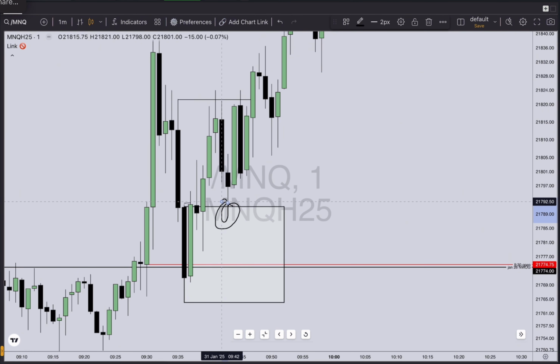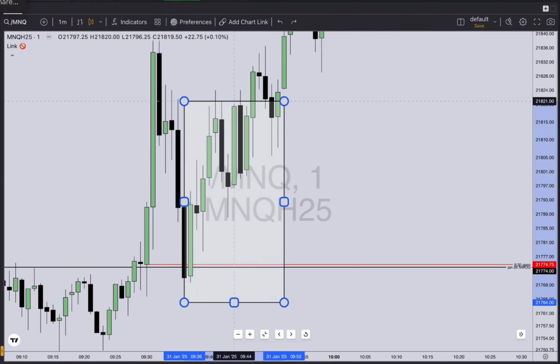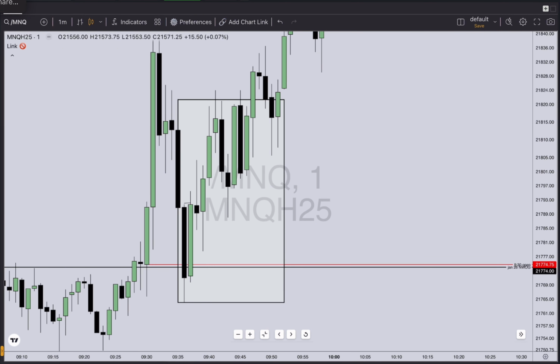So we can see how we tapped into it here, tapped into it here. And then once we closed above this one, now it is included into the order block. And now the whole thing is an order block, right? We include it. But at the same time, we also did close above this one, right?